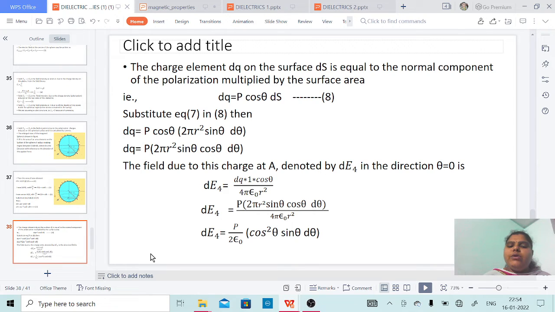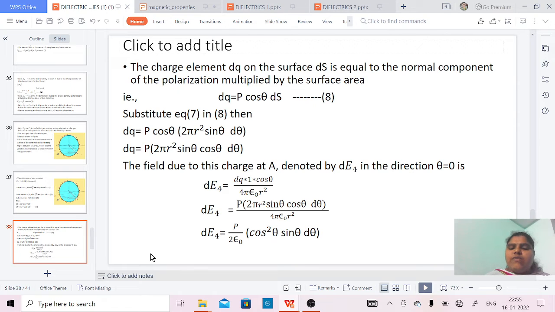Now the field due to this charge at A, denoted by dE4 in the direction theta equals 0, is dE4 equals dq into 1 into cos theta by 4 pi epsilon naught r square. This equation appeared in the early stage of this chapter: the product of the charge over the square of the distance. Do you remember that?